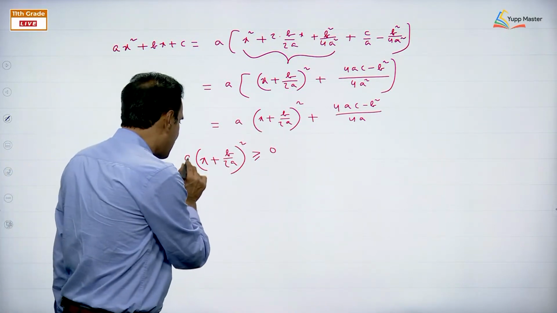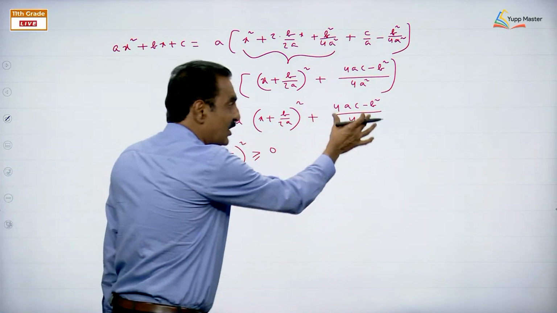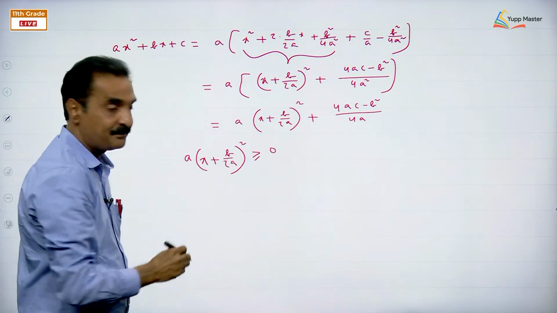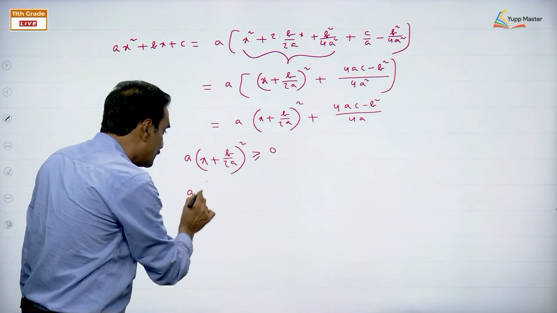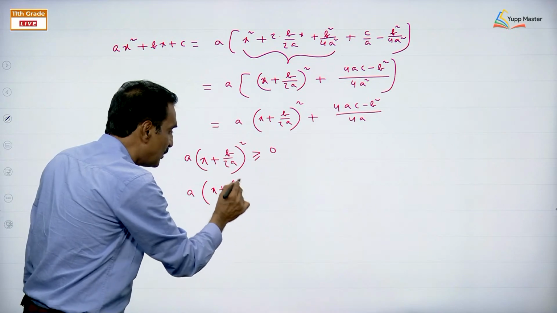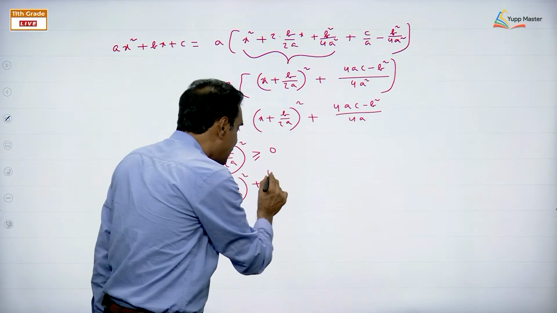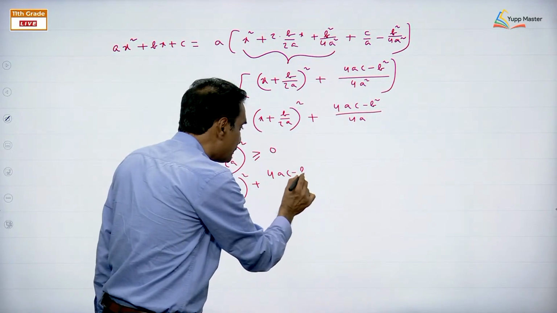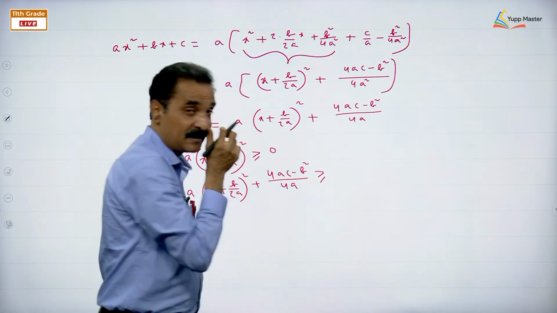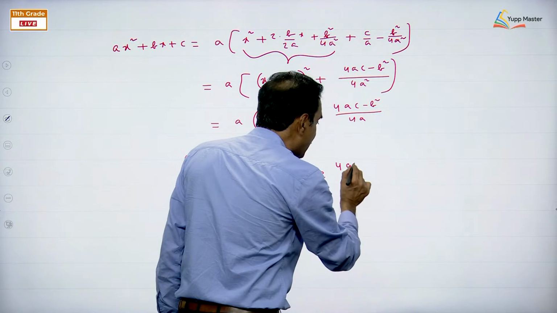So, I will multiply by a and write it like this. Now, this is constant. If you add this constant on both sides, a into x plus b by 2a whole square plus 4ac minus b square by 4a is always greater than or equal to 4ac minus b square by 4a.